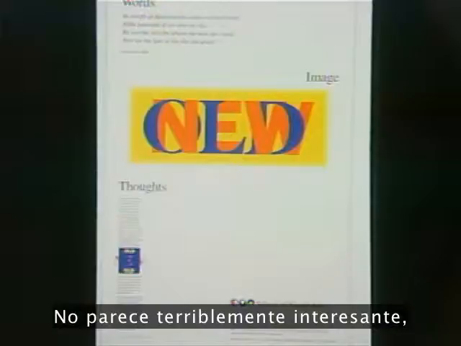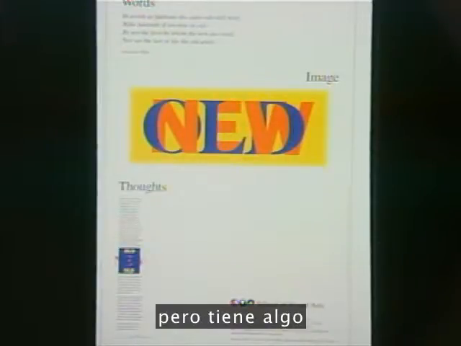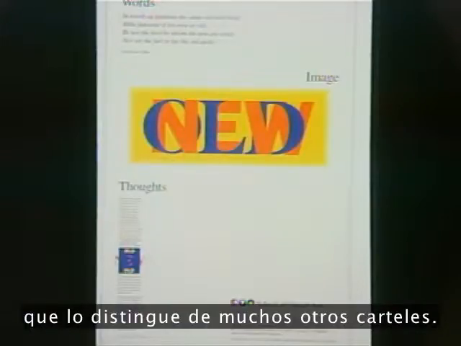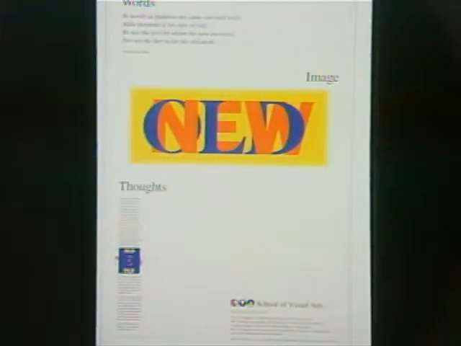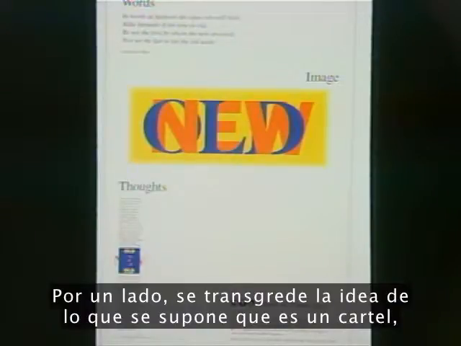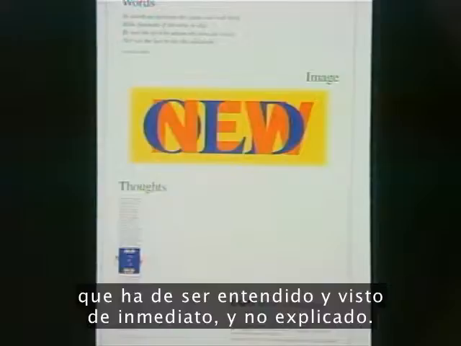Now, it doesn't look terribly interesting, but it does have something that distinguishes it from a lot of other posters. For one thing, it transgresses the idea of what a poster is supposed to be, which is to be understood and seen immediately and not explained, right?